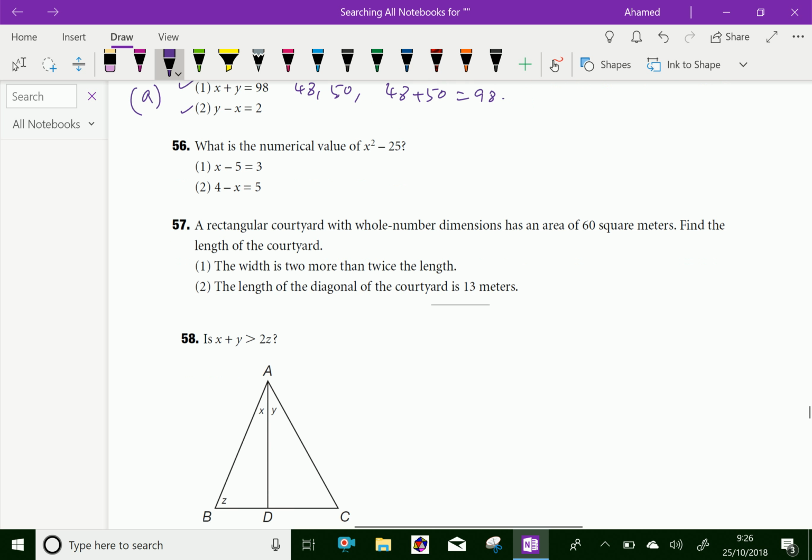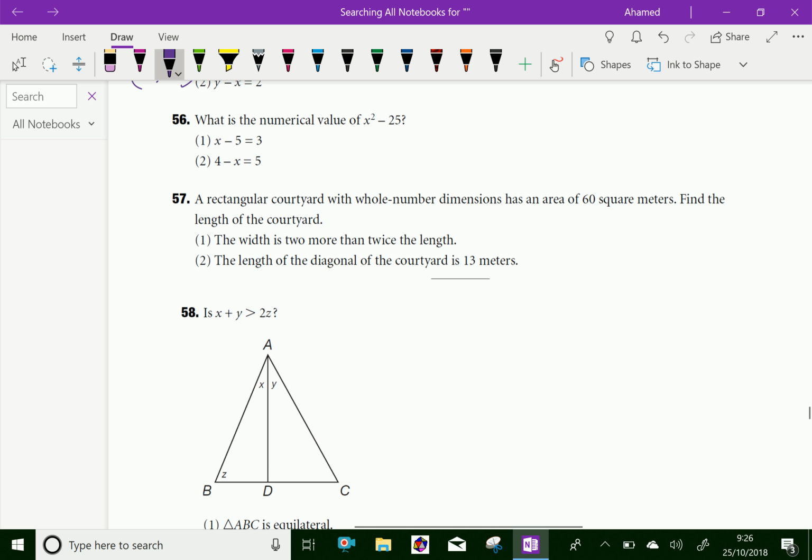Next question, what is the numerical value of x square minus 25? We know that x square minus 25 is x plus 5 into x minus 5, since 5 square is 25. Here the first statement says x minus 5 is 3.